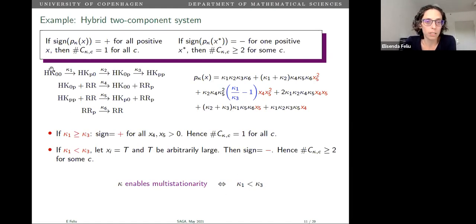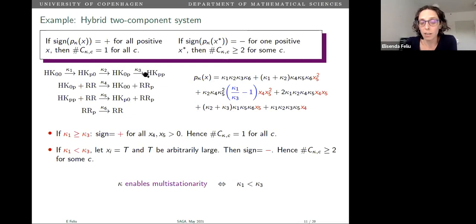If you go back to the reaction, of course, you don't know all these symbols, what they are, but you can see that here, this is a protein that has two places where a phosphate group can be attached, and the P indicates the protein with a phosphate group in the site. So here you see K1 regulates how fast a phosphate group gets attached in the first site when the other site is free, and K3 is the rate at which the phosphate group gets attached in the first site when the second site also has a phosphate group, right?